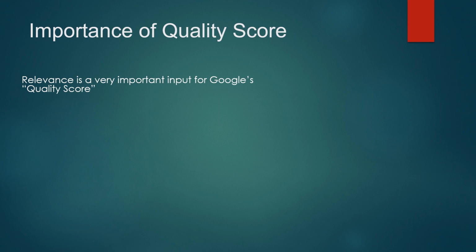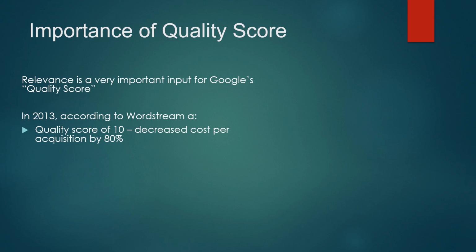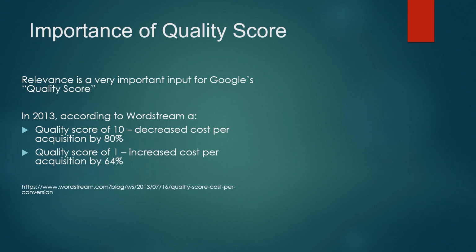Relevance is a very important input for Google's quality score. In 2013, according to WordStream, a quality score of 10, and your quality score is ranked from 1 to 10, decreased cost per acquisition by 80%. However, a quality score of 1 increased cost per acquisition by 64%.